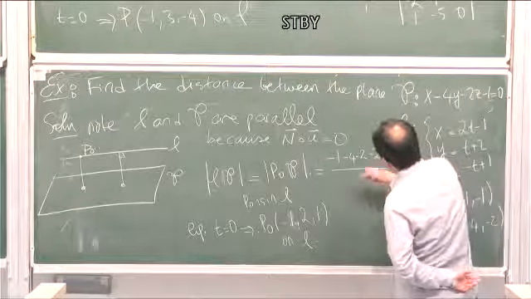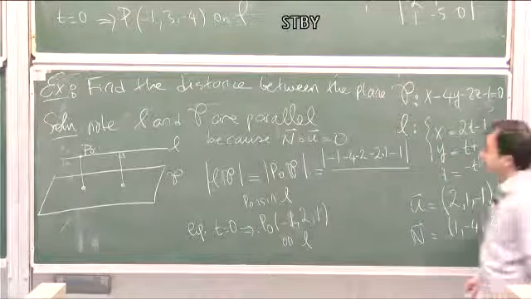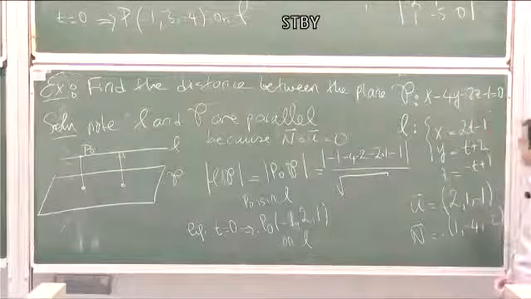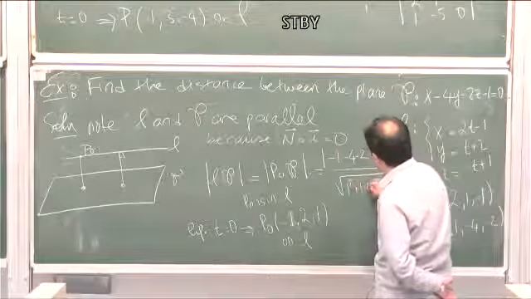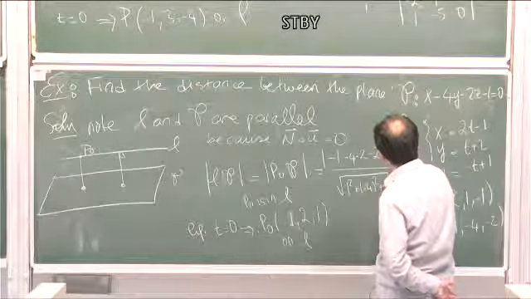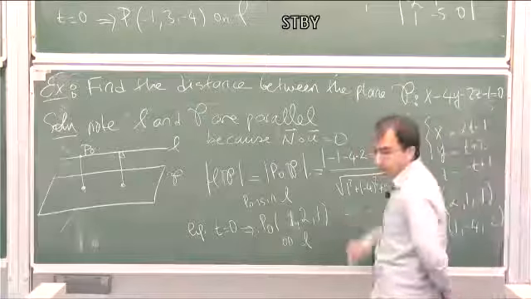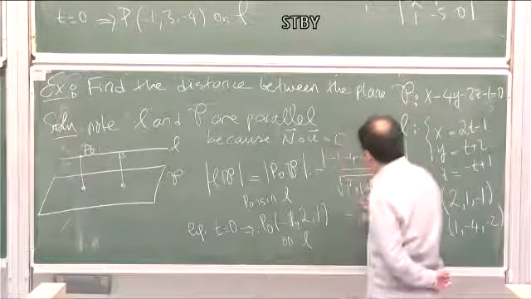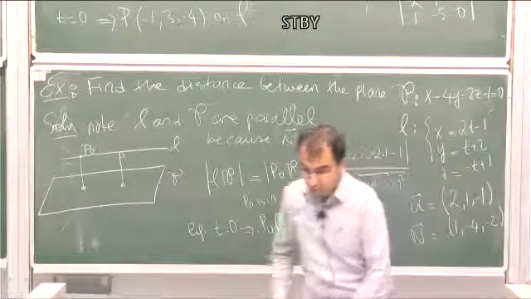So this is the complete equation of this plane. And then I divide it by, if you remember, the length of the normal vector. So the normal vector is (1, -4, -2), squared. If you compute this, we will get 12 over square root of 21.